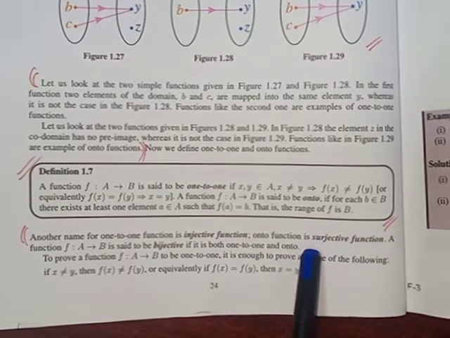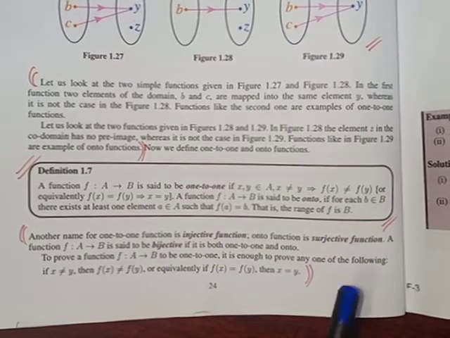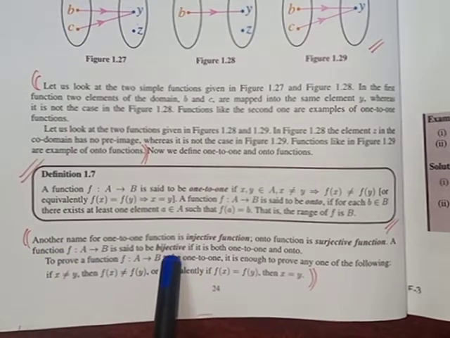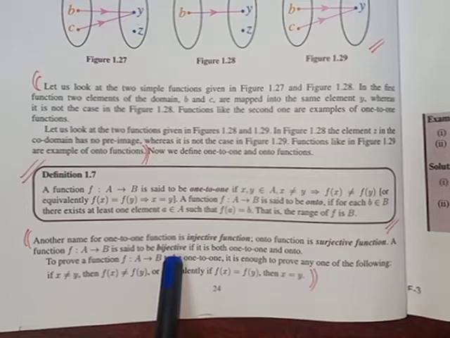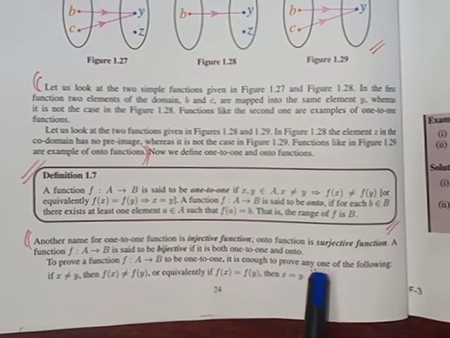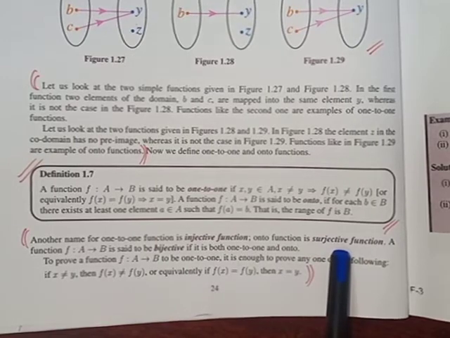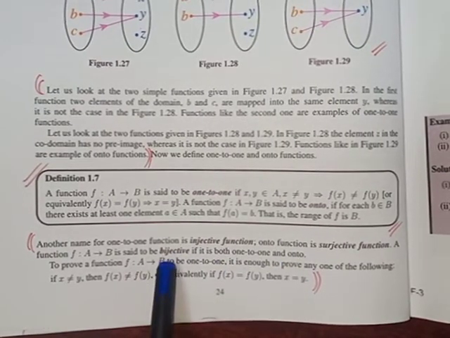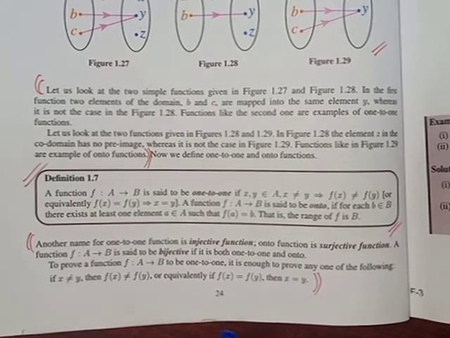An onto function is called a surjective function. Both one-to-one and onto, that function is called a bijective function. So once again, one-to-one alone, injective. Onto alone, surjective. Both one-to-one and onto, we can call it a bijective function.